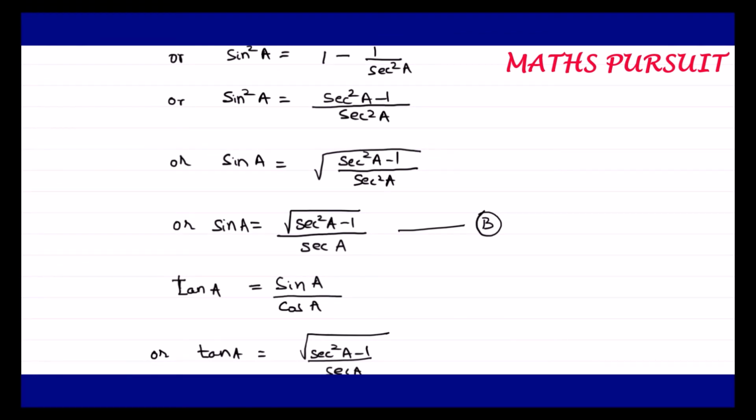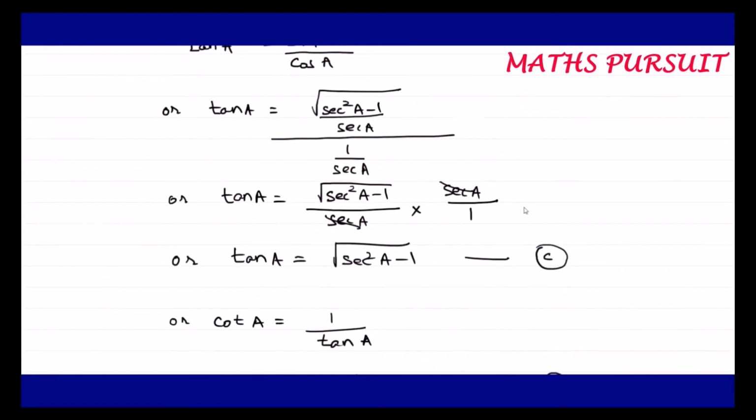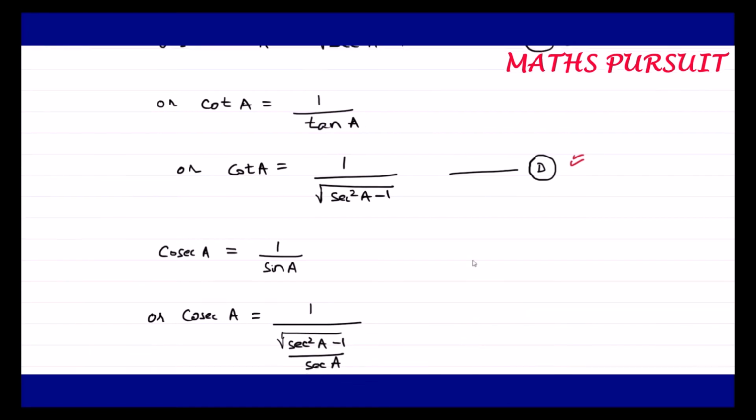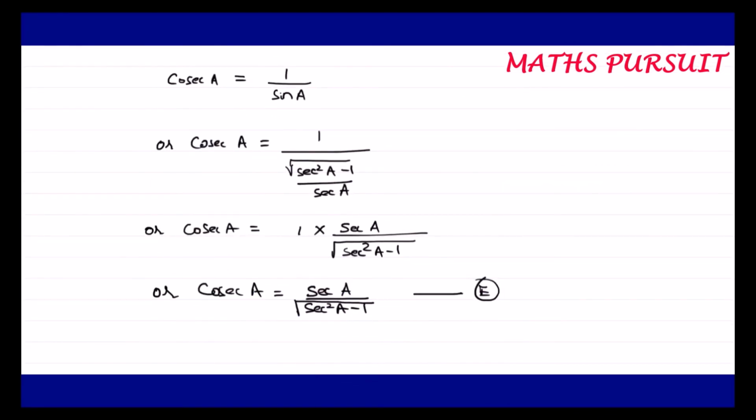For sin A at point B or equation B, we got root over of sec square A minus 1 upon sec A, and at point number C we got tan A is equal to root over of sec square A minus 1, and at point number D we got cot A is equal to 1 upon root over of sec square A minus 1, and at point E finally we got cosec A is equal to sec A upon root over sec square A minus 1. Hope guys you understood this calculation or this process that I did.